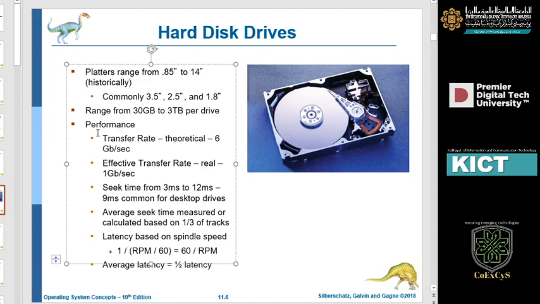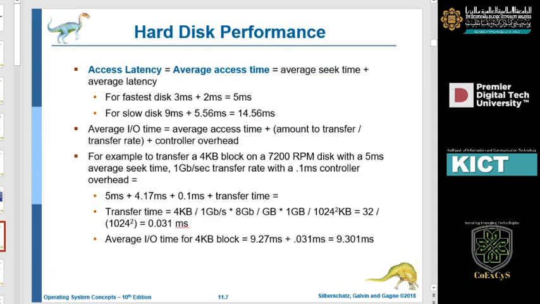Performance in theory can reach 6 gigabytes per second, though it usually depends. Transfer rate and seek time are some of the performance measurements of a hard disk.